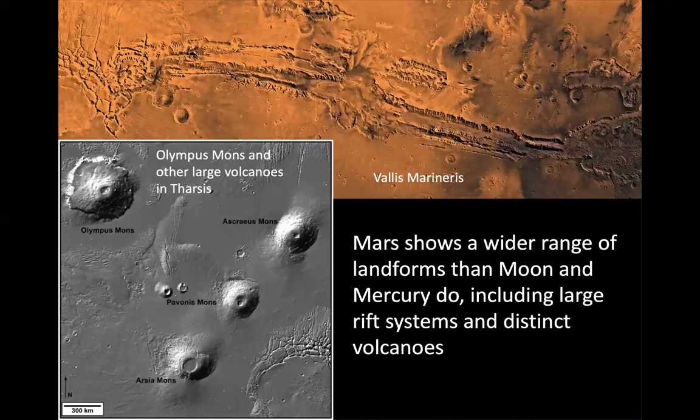It does have a few of those, but it also has examples of geologic activity which are large, even compared to features here on Earth. For example, there's this gigantic valley called Valles Marineris, which is a large tectonic feature even by Earth standards. It extends across a fair fraction of the planet.